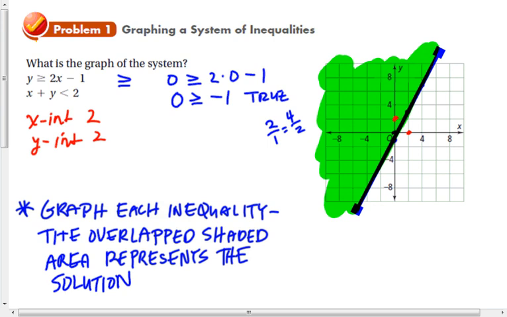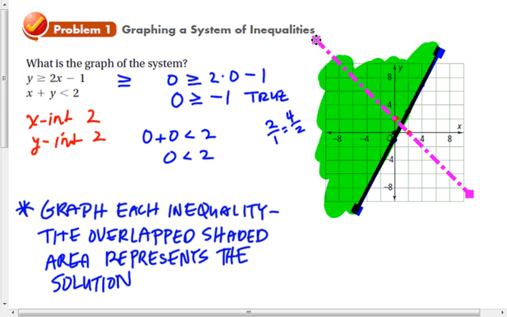So a dotted line, let's use this purple one here. And that's going to go right through there. And then the point 0,0 would be true because 0 plus 0 is less than 2. That's true. So I need to shade below for that one.